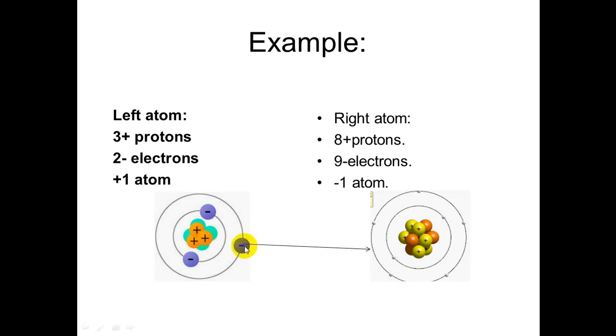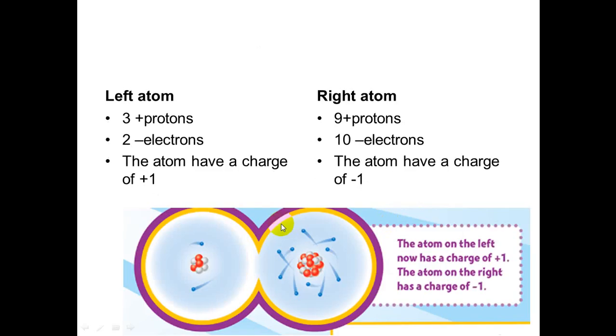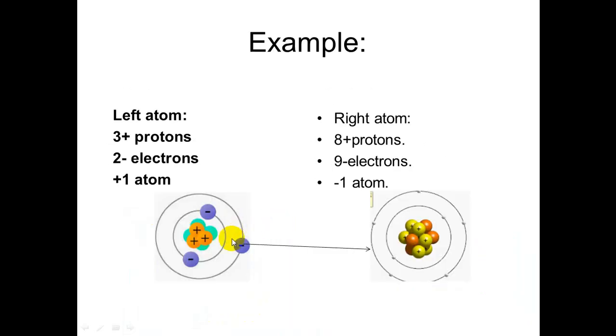Now this electron moved from the left atom to the atom on the right side. What happened to the charge of the atom? After moving, this atom has 3 protons and 2 electrons, because this electron moved to the other atom. So what's the charge of this atom?